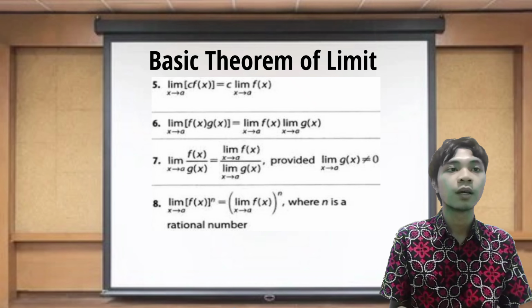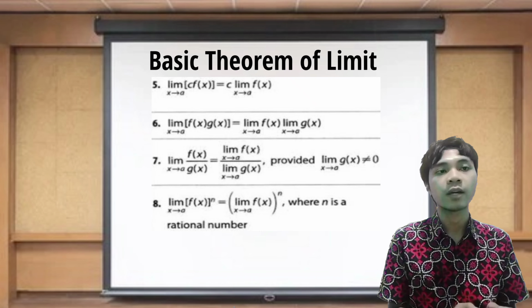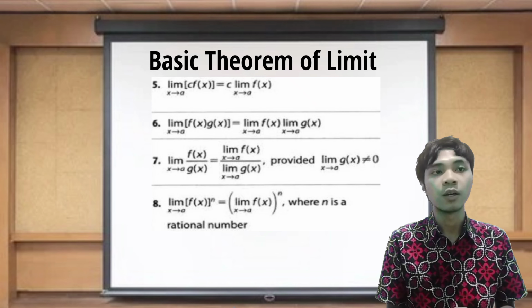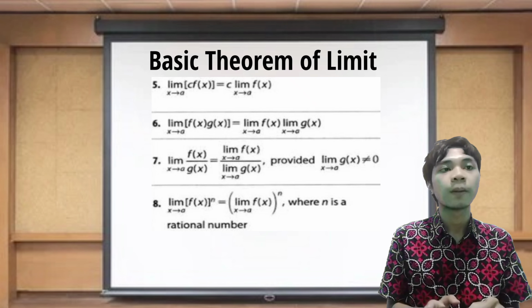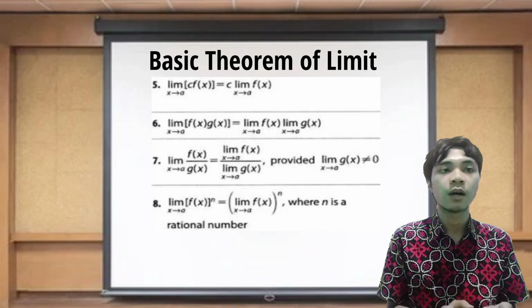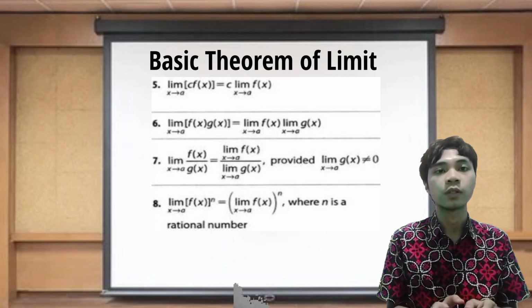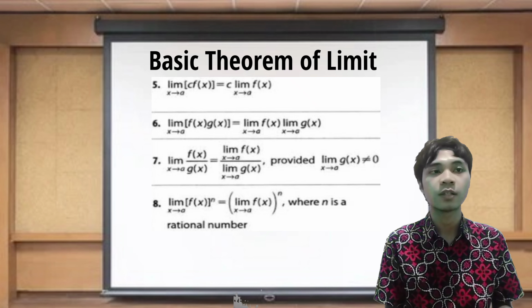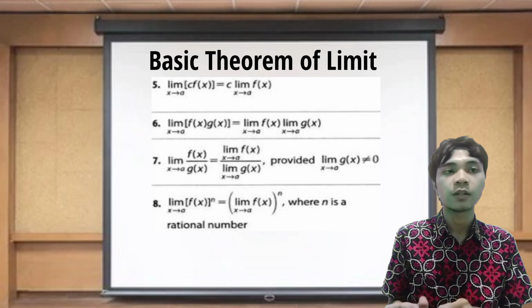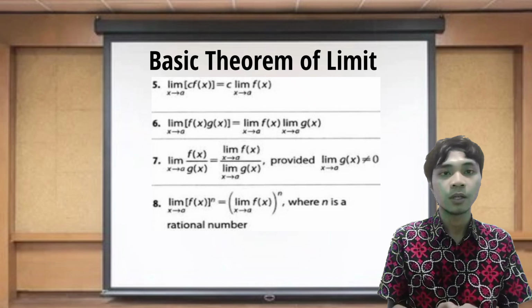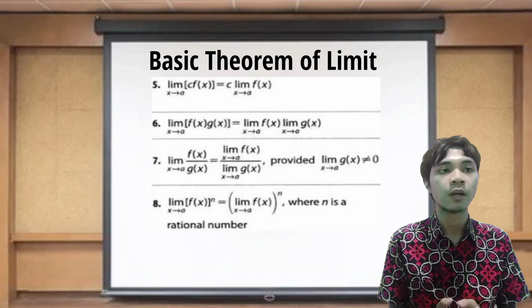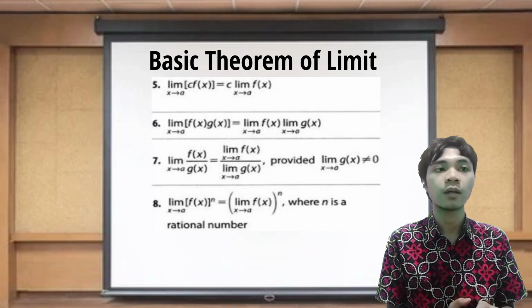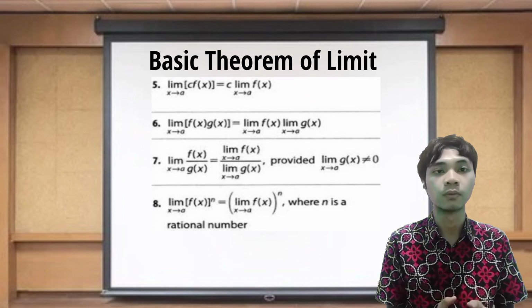And the next, the limit of f(x) over g(x) as x approaches a equals the limit of f(x) as x approaches a over the limit of g(x) as x approaches a, provided the limit of g(x) as x approaches a does not equal 0.